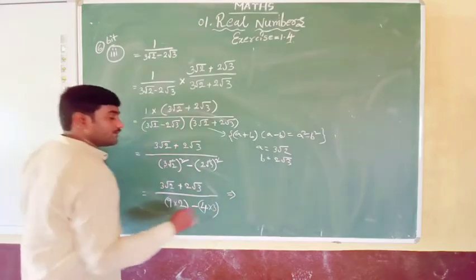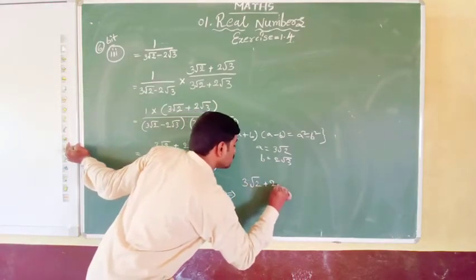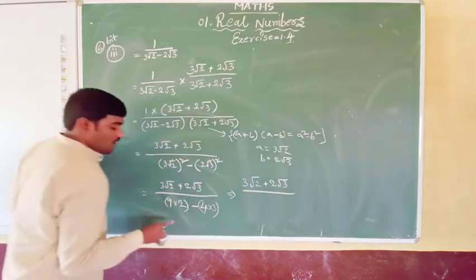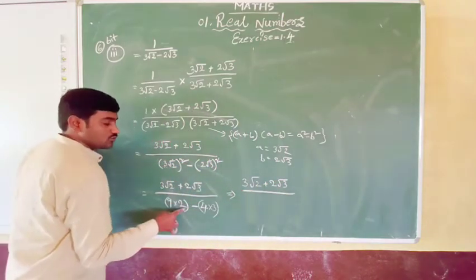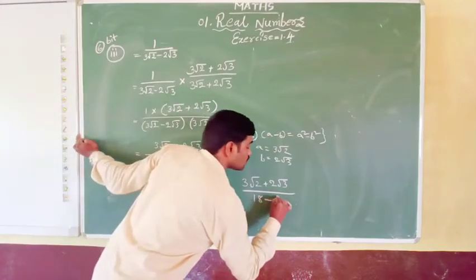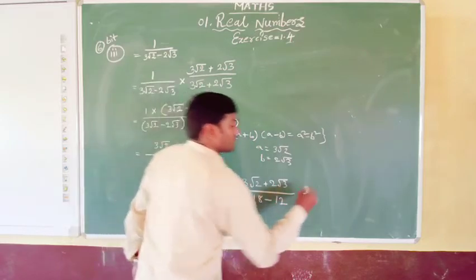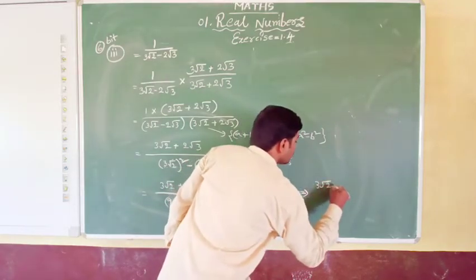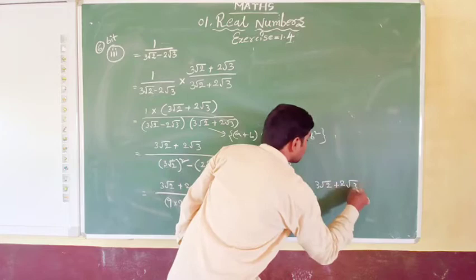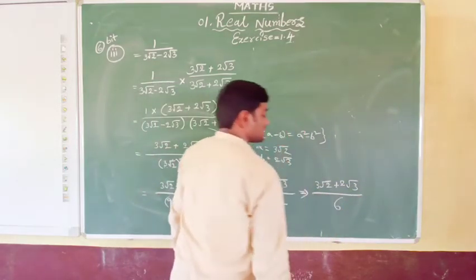So what is there? 3 root 2 plus 2 root 3 whole by 9 2s are 18 minus 4 3s are 12. That equals 3 root 2 plus 2 root 3 whole by 18 minus 12, which is 6.